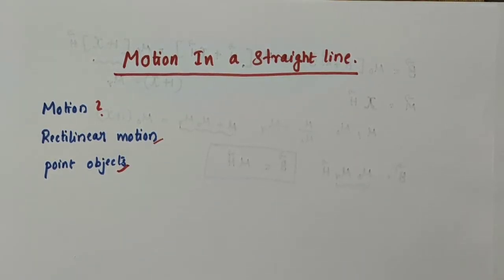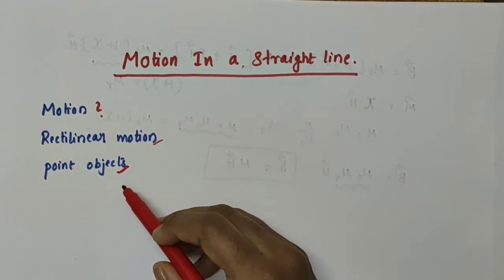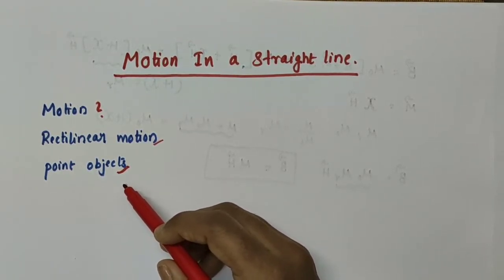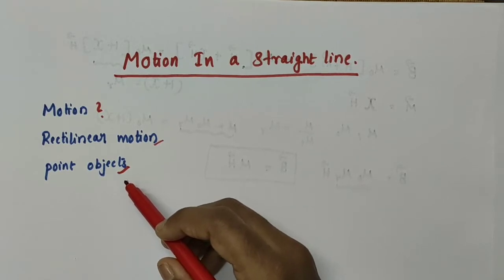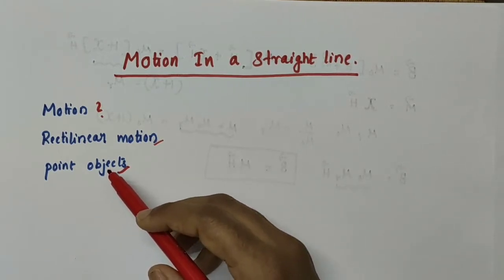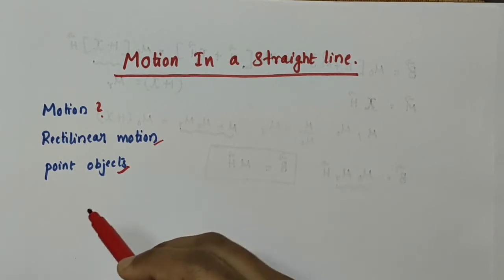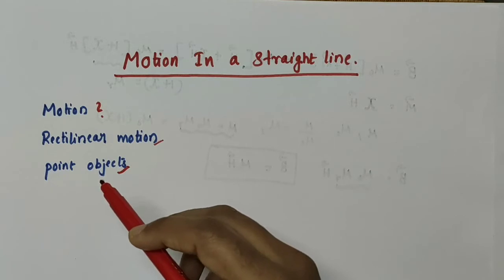What is a point object? An object can be treated as a point object when the size of the object is smaller than the distance it moves in a reasonable duration of time. That is, an object can be treated as a point object when its dimensions are ignored or neglected while considering its motion.